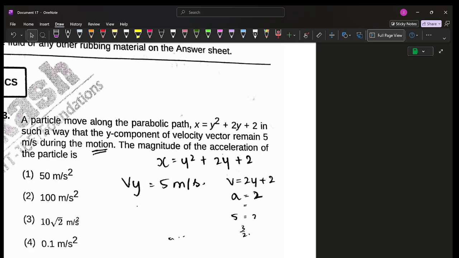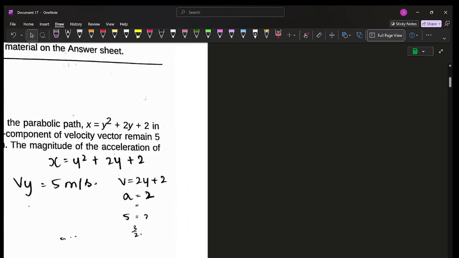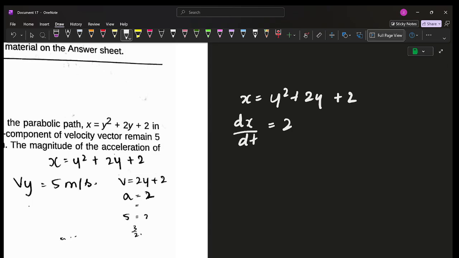Differentiate the path. So I need to differentiate the y square. Okay, let me do it here. x equals y square plus 2y plus 2. So if I have to do dx by dt, it would be 2y dy by dt.